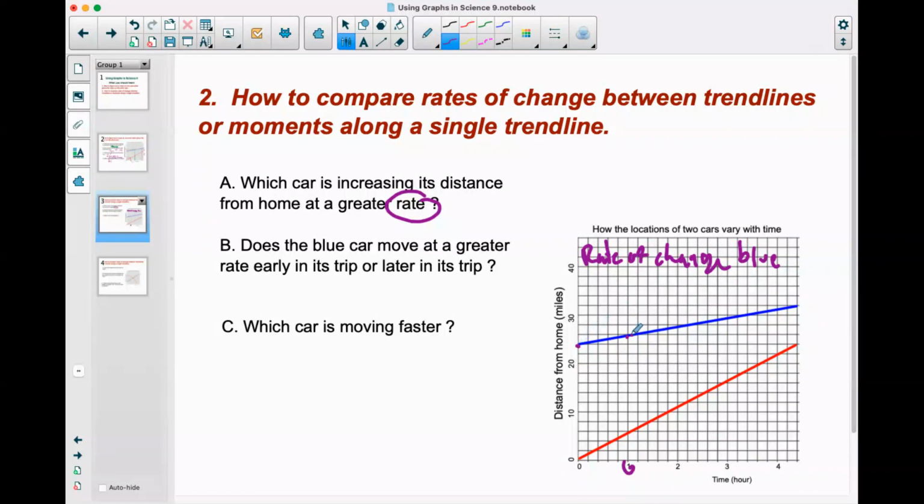So let's round a little bit. It's not quite proper graph reading, but it'll make the math a little bit easier. So the change in distance for the blue in that 1 hour of time is about 2 miles, and the amount of time it did that in is 1 hour. So that's a rate of change of 2 miles per 1 hour.